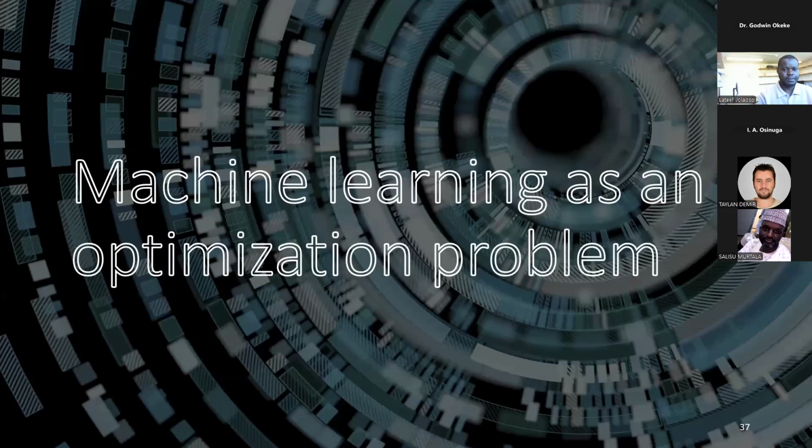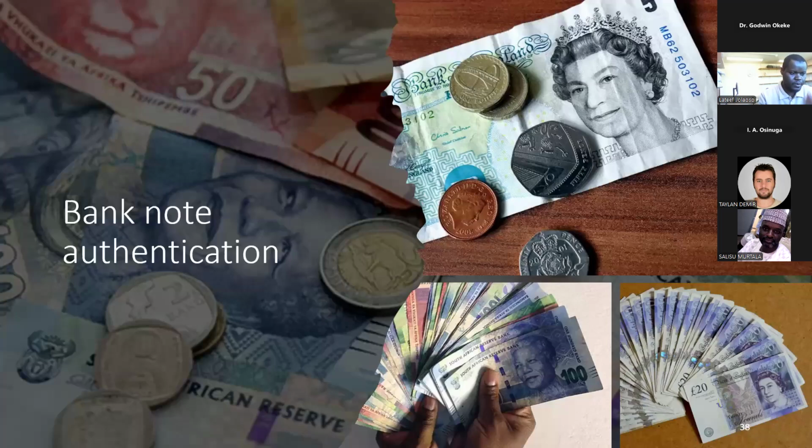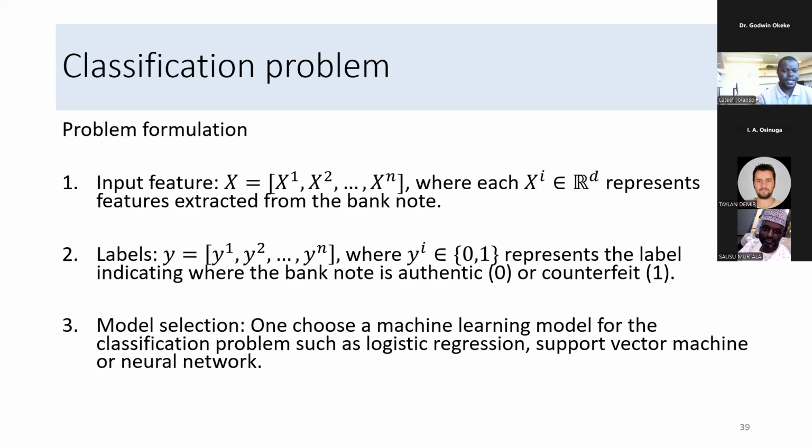Now, moving to the application aspects, we have machine learning. How does machine learning come into play in terms of the problem I've discussed? I take an example here, banknote authentication, where we try to see if we could identify the banknotes in terms of the fraudulent ones and the authentic ones.